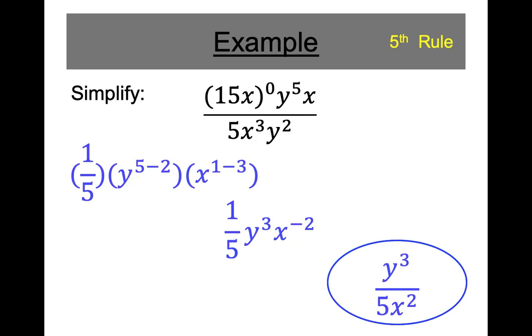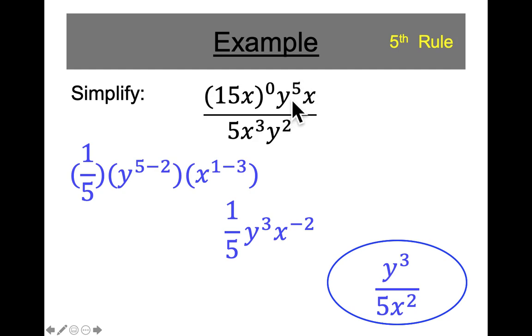All right, here's an example that already is worked out. So if you have 15x all raised to the 0, then this term is eliminated altogether, and that just becomes 1. So that 1 is represented right here. Then I'm going to apply the quotient rule.